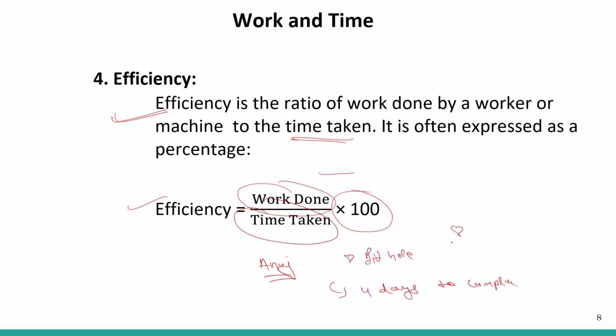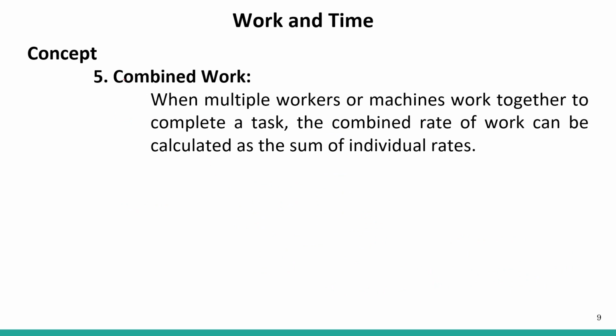So 8 by, let's say it is a 2 feet hole. So 2 by 4 into 100. This is nothing but 1 by 2 into 100, which is equal to 50. So efficiency becomes 50%.